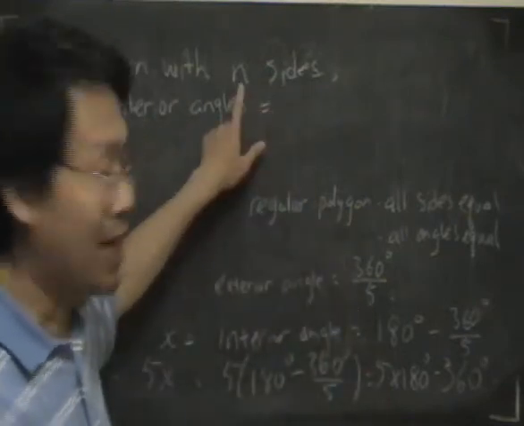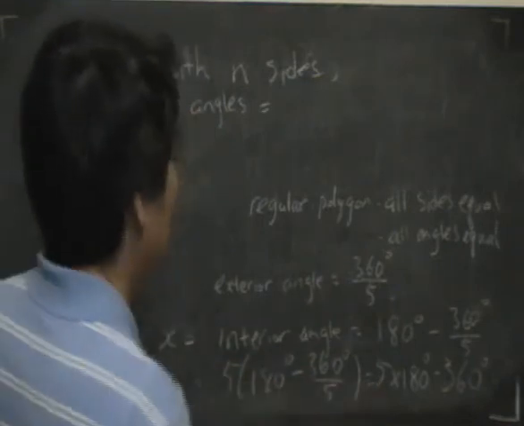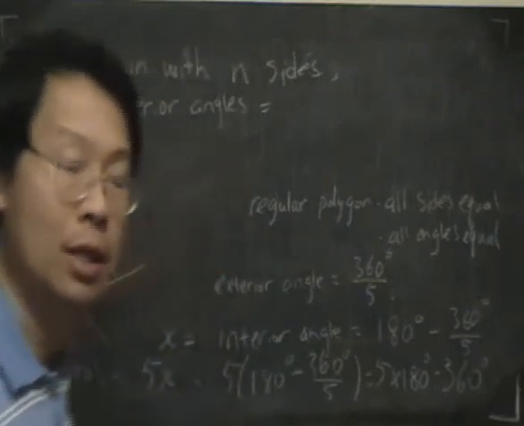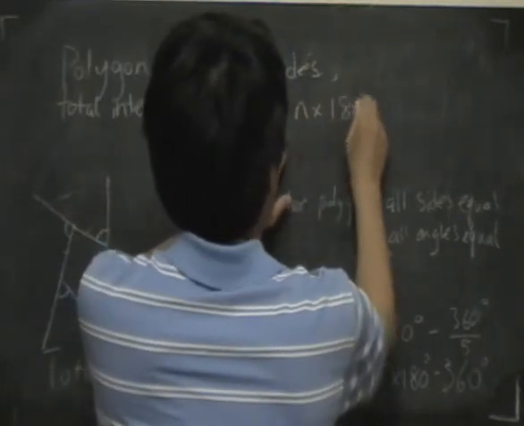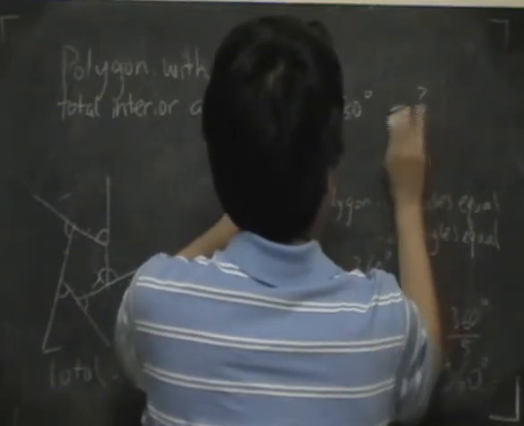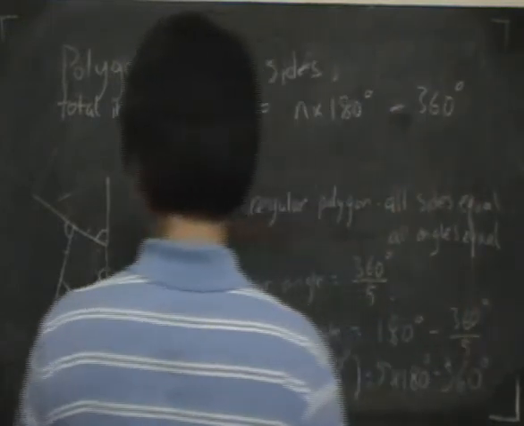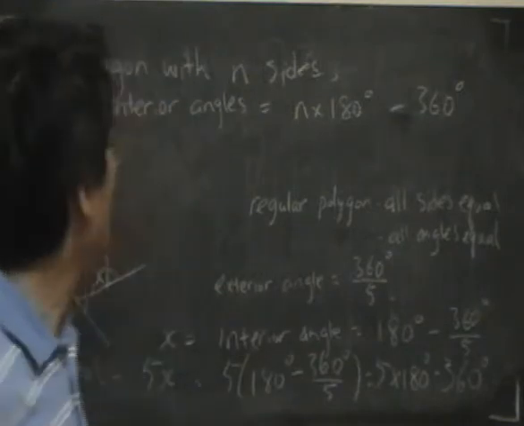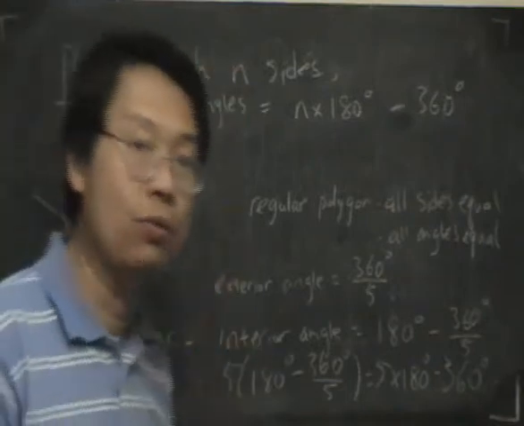So if we have n sides, just replace the 5 by n. So let me copy this out, but change the 5 to n. So I have n times 180 minus 360 degrees. So then I have a formula now for the total interior angles for a polygon with n sides.